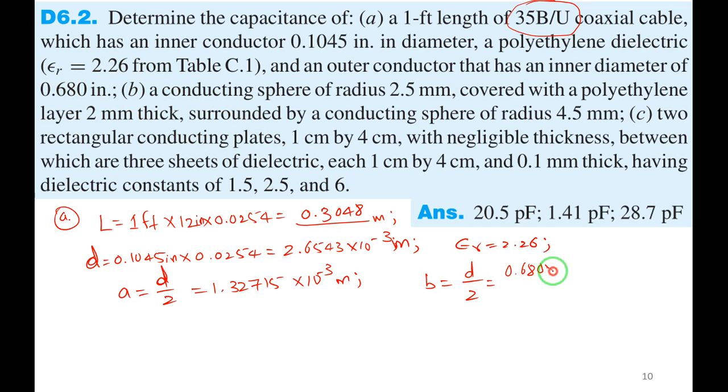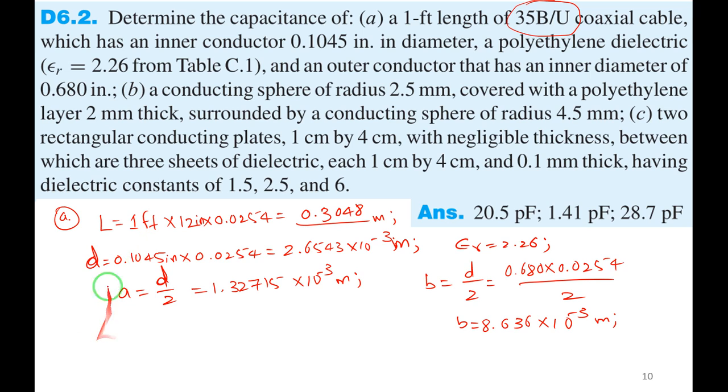Convert inches into meters: 0.680 into 0.0254 divided by 2. So I am getting B as 8.636 into 10 power minus 3 meters.